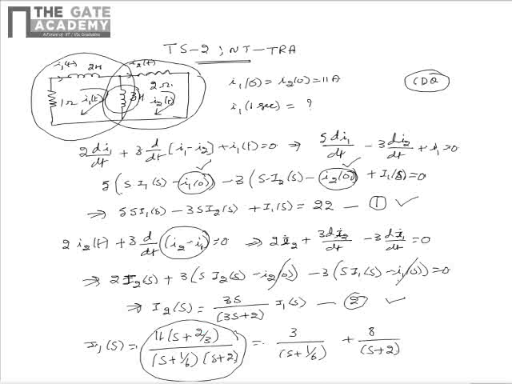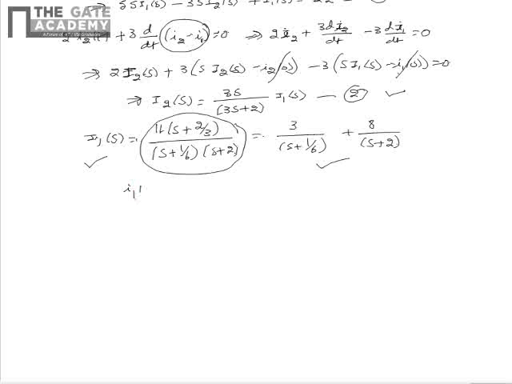Now by taking the inverse Laplace transform on the left-hand side and right-hand side, we see that i1(t) can be written as 3 e^(-t/6) u(t) + 8 e^(-2t) u(t). This is because the inverse Laplace of 1/(s + a) is e^(-at) u(t).